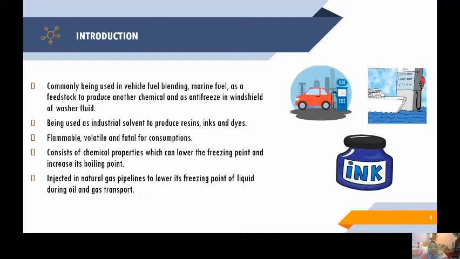And it has chemical properties which can lower the freezing point and increase its boiling point, and that's why it is used as an antifreeze. So methanol also is injected in the natural gas pipelines to lower the freezing point of liquid during oil and gas transport for safety purposes.